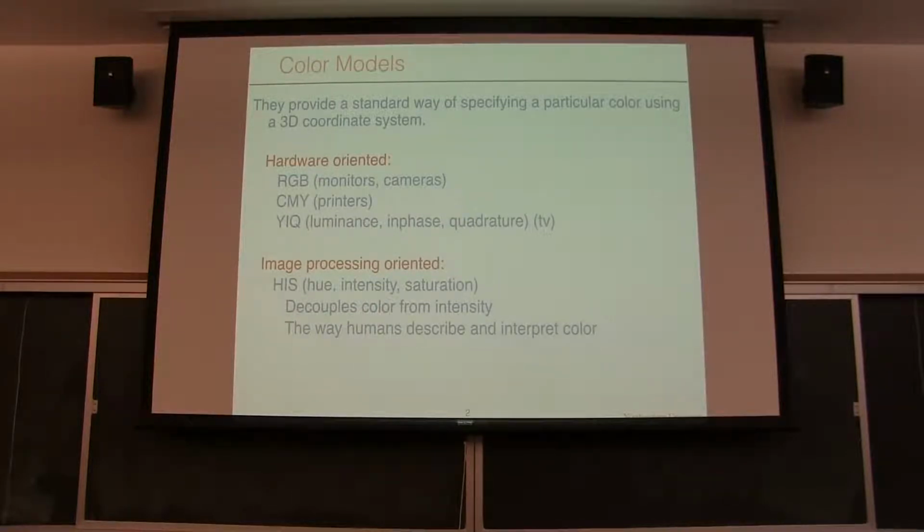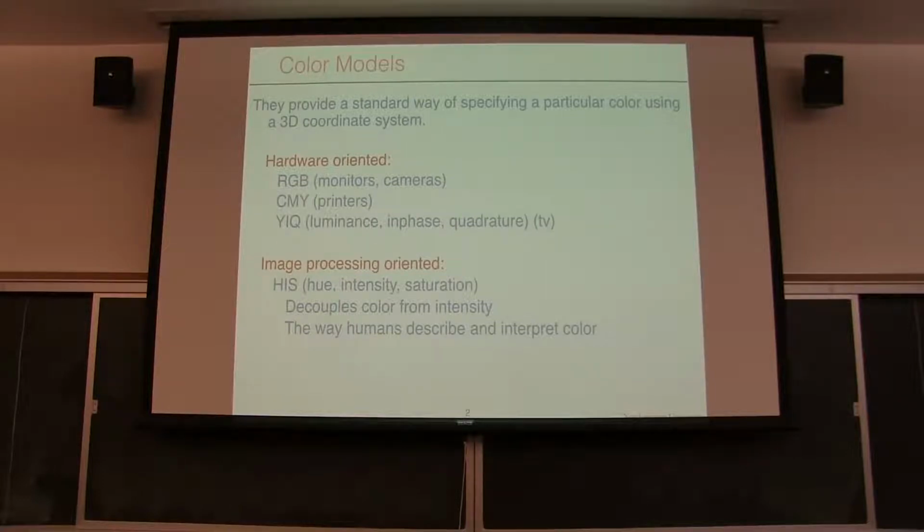They can be roughly split into two major groups. In one group, you have color models that are more suitable when you're thinking in terms of hardware, for example, a monitor or a printer. And there are some color models that are more suitable when you're thinking in terms of a computer vision application or software. On the hardware oriented side, we have RGB, CMY, and YIQ.